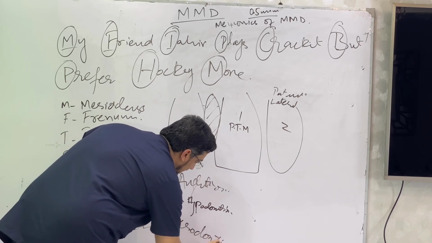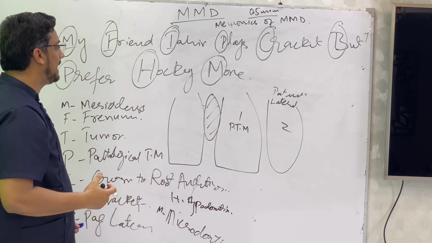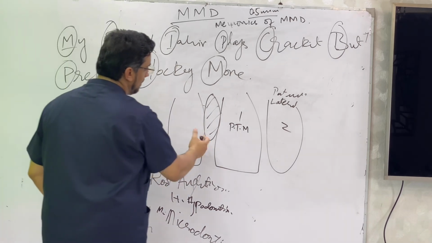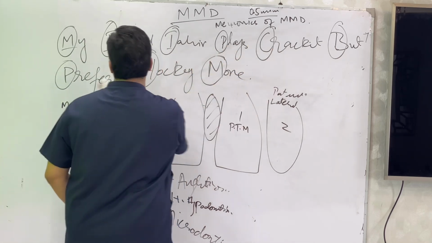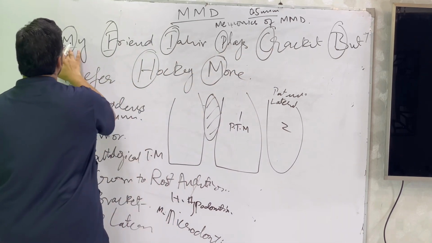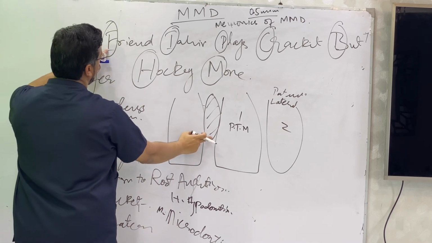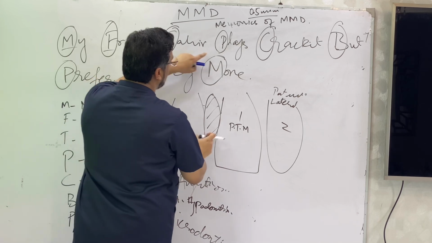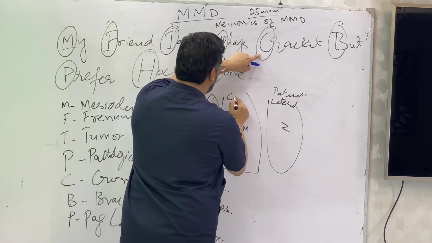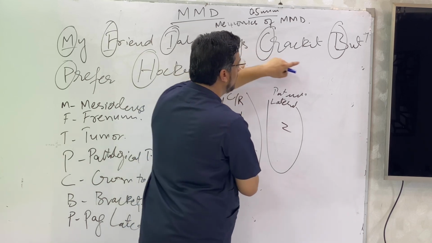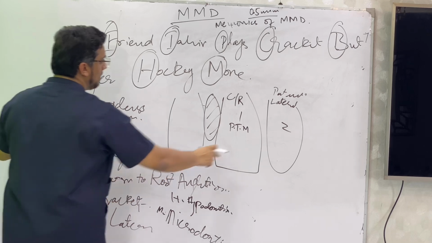If there is a generalized small size of the arch, then you would have a gap between the central incisors. So my friend Tahir plays cricket but prefer hockey more. M stands for mesiodens, F stands for frenum, T stands for tumour, P stands for pathological tooth migration, C stands for crown to root angulation problem, B stands for bracket positioning error, P stands for palatal.